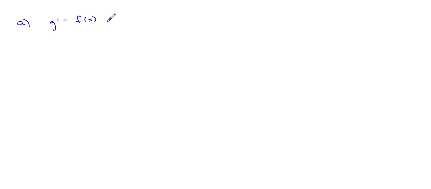Well, g prime is f, so where is f undefined or equal to 0? Well, f is defined everywhere, so look at what's happening for f being 0. Is f of 10 0? Yeah, so 10 is a critical number.